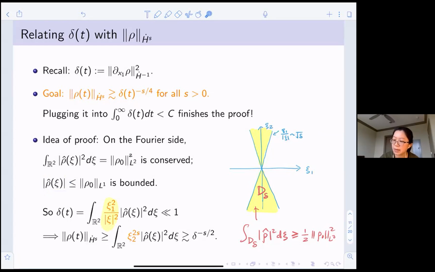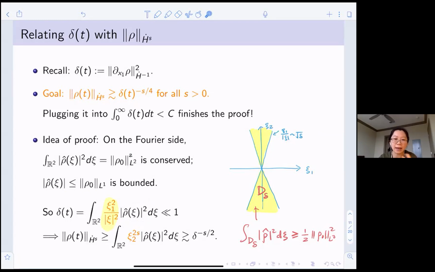And which means that suppose at some moment I have my delta t, which is rho hat squared multiplied by this extra weight. Suppose this quantity is tiny, then notice that this weight exactly vanishes near the xi2 axis, and it gets very small as long as the angle is very close to vertical. Okay, so if delta is tiny, it means that more than a half of the mass of this rho hat has to be concentrated somewhere very close to the xi2 axis.